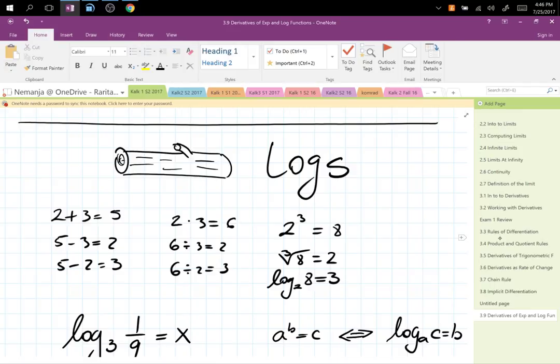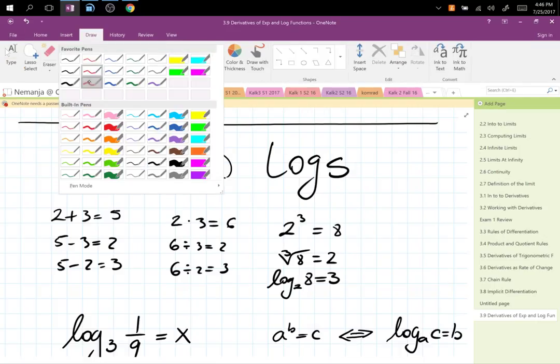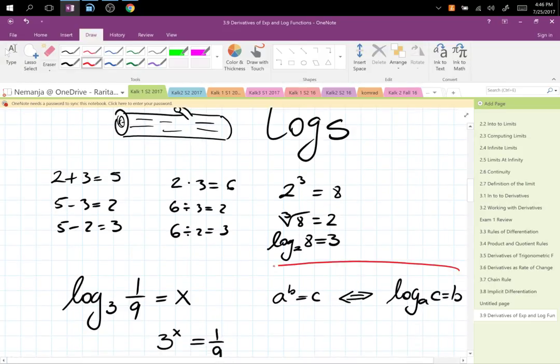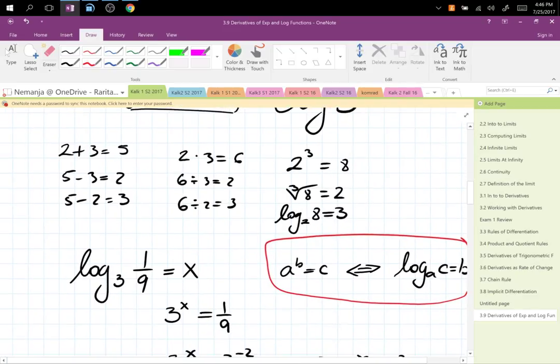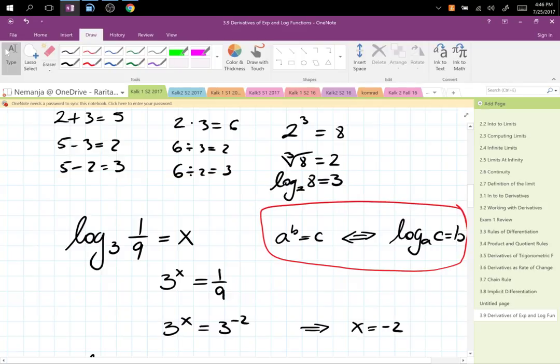I showed that a logarithm is just a mathematical operation between two numbers to get a third, like any other operation, and it's the inverse of exponential, which is the reason why we have this conversion formula here, which allows us to solve exponential and logarithmic equations.